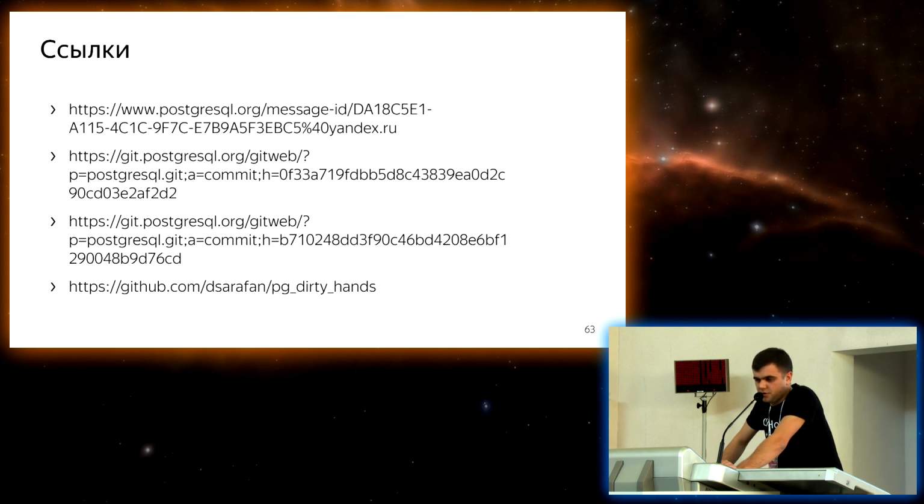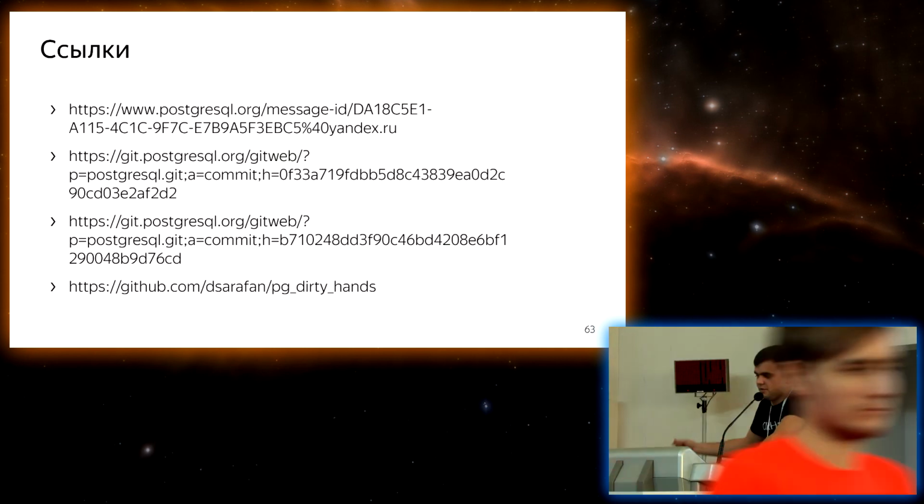It remembers the last frozen XID for each table and database, and then it sees that the current XID is close to the frozen XID, then it closes the database, and that is wraparound.